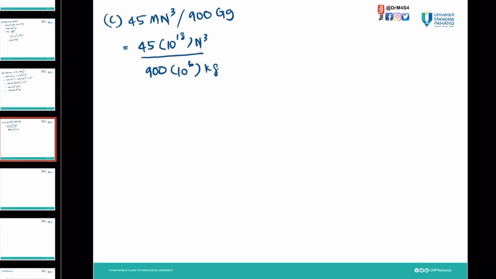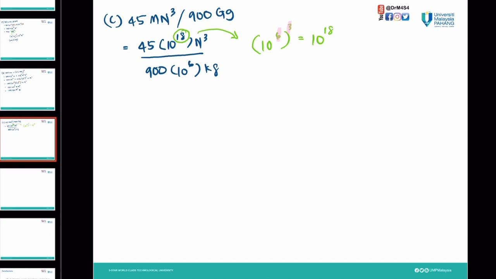How do we get this? 18. So come here. So we have mega is 10 power of 6. The unit here is Newton power of 3. Don't forget the power of 3. So 6 times 3, we have 10 power of 18.